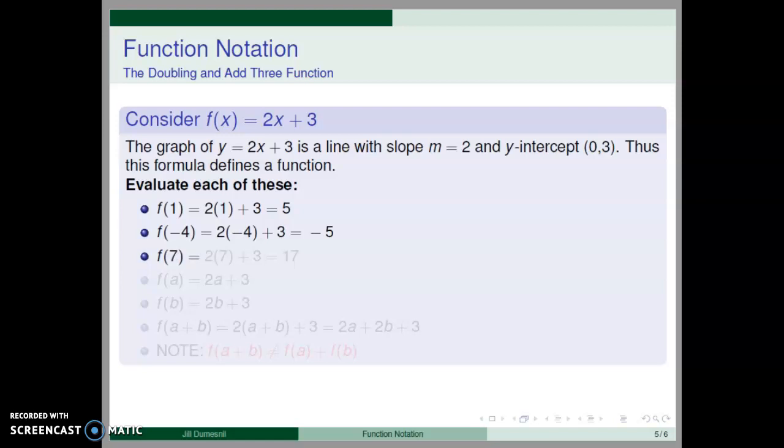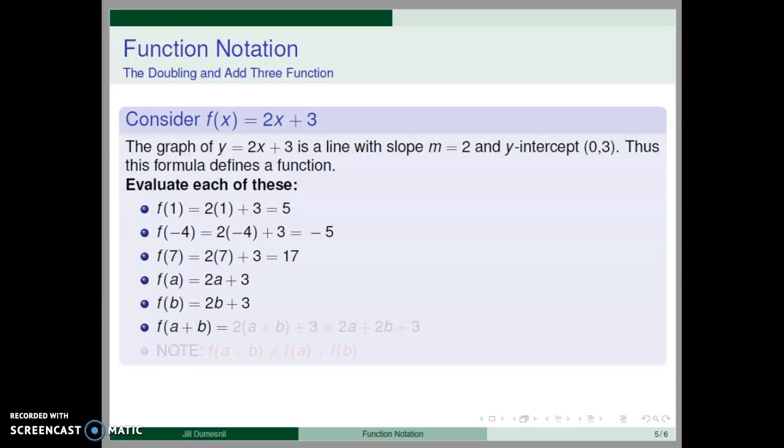Similarly, f of 7 equals 2 times 7 plus 3, or 17. To compute f of a, we double a and add 3. This gives 2a plus 3, which we cannot simplify further because we have unlike terms. Similarly, f of b equals 2b plus 3.